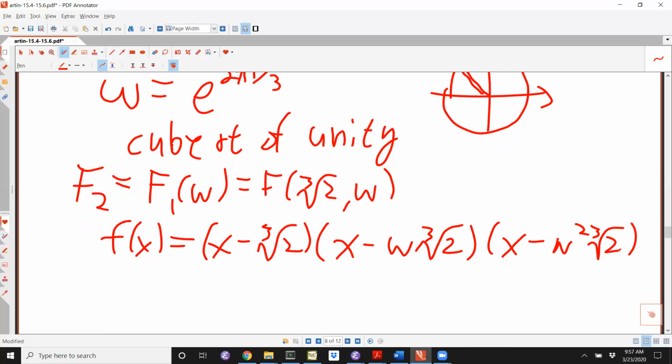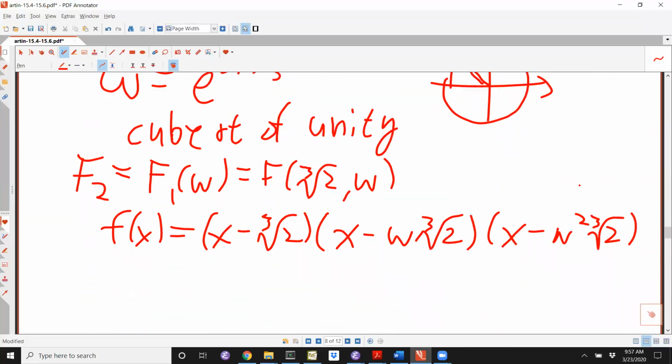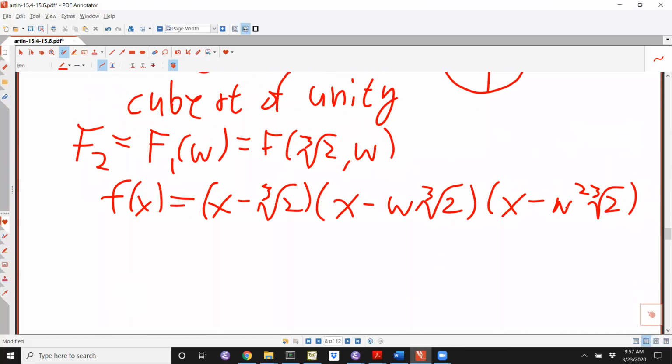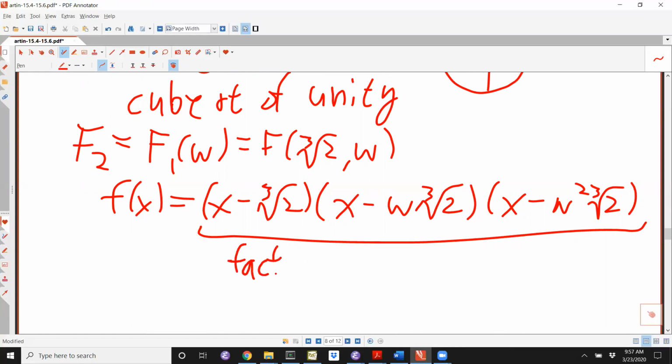You know what? I guess this is kind of the reverse of earlier: these are the factors corresponding to the 3 roots. So how is it that I actually remember to do this?